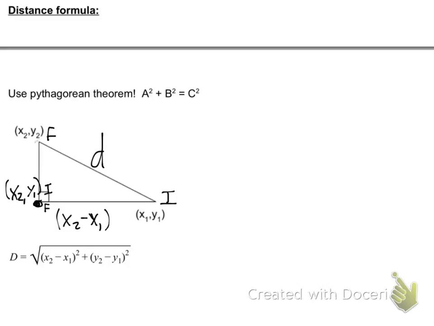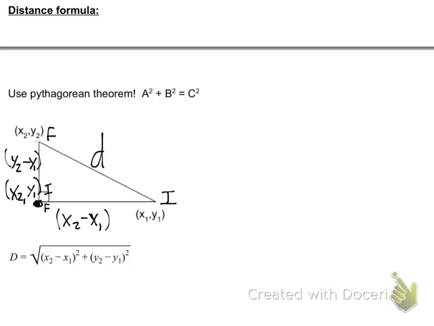So what is the change in coordinates of that leg? It's y2 minus y1, because my final point is y2 minus the y1. Right?